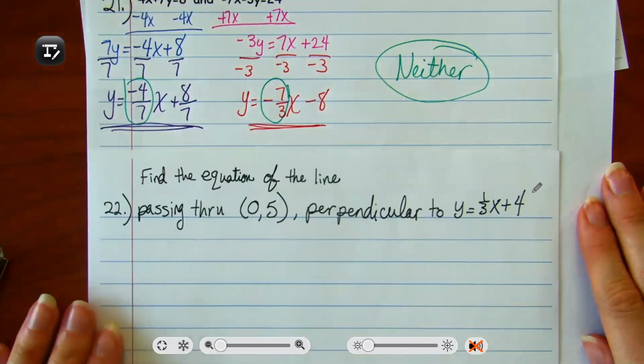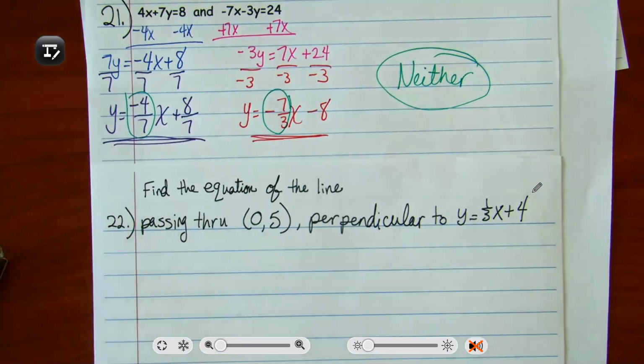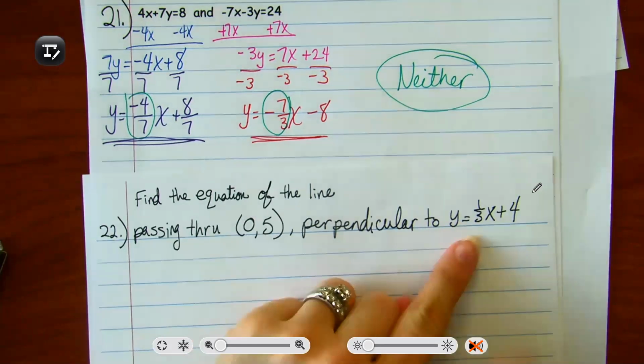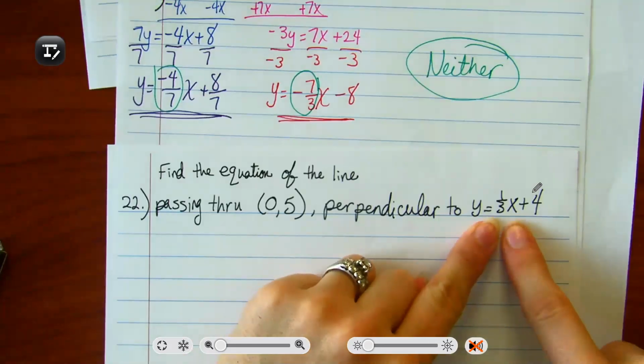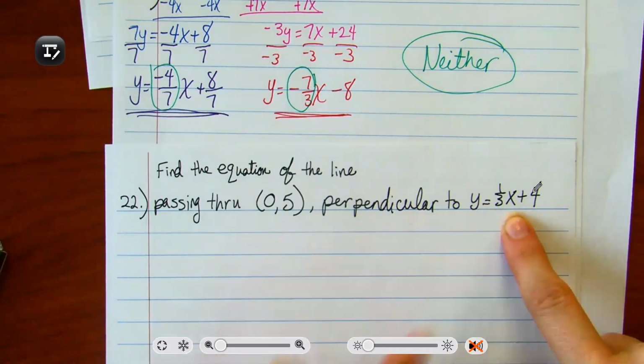Number 22, find the equation of the line passing through the point 0, 5 and perpendicular to y equals 1/3 x plus 4. What is the slope of this line right here? One-third.